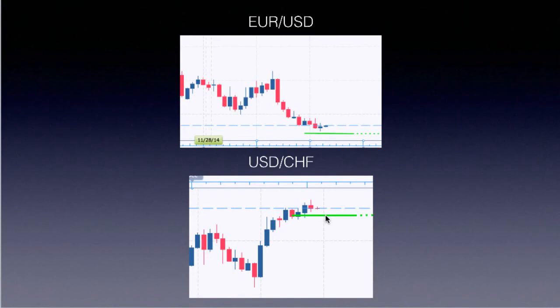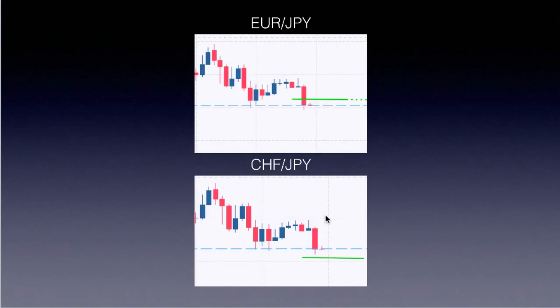Now let's look at the other pair. So the euro Japanese yen and the Swiss franc Japanese yen, because they move pretty much in the exact same directions, we would not do a buy order and a buy order, meaning a buy order here and a buy order here.